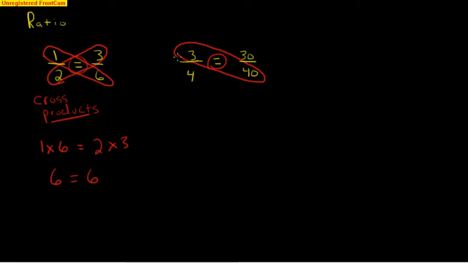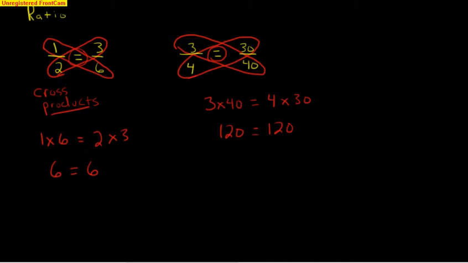They can't trick us. 3 times 40 will equal 4 times 30. And we multiply that out and we see that it's true. So if any one of these numerators or denominators is missing, we can find it as long as we have the other three, knowing that cross products works, because we are going to set up an equation. That's what we did here. We set up an equation.